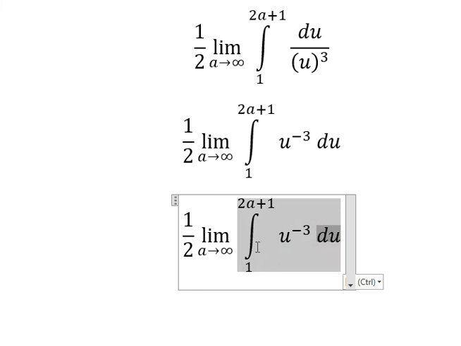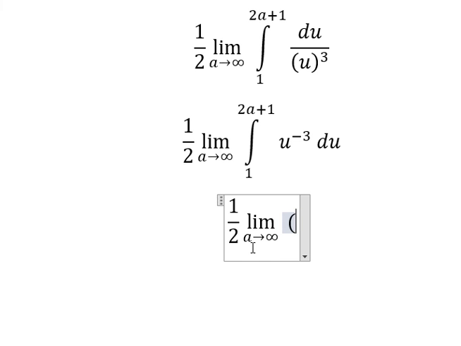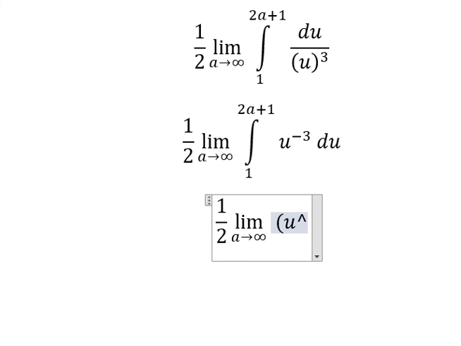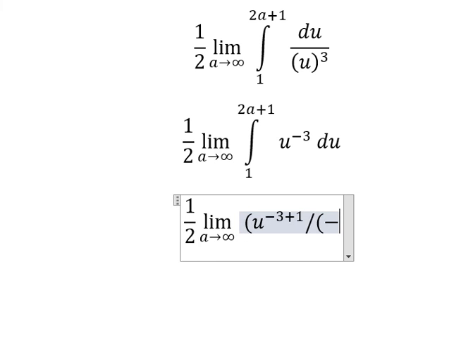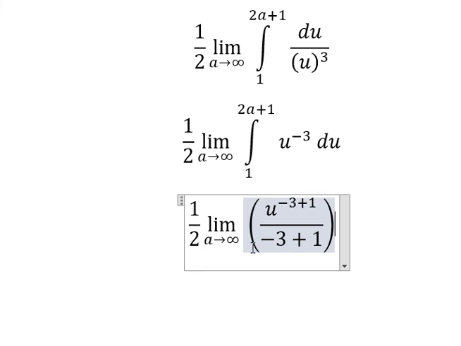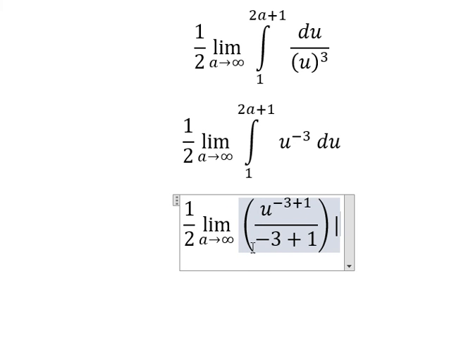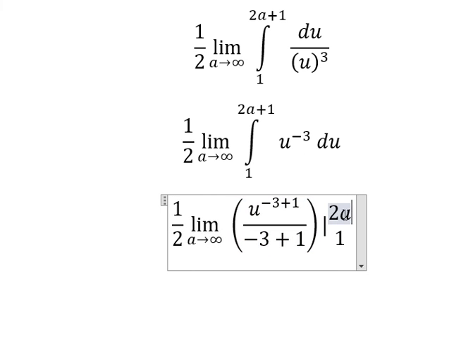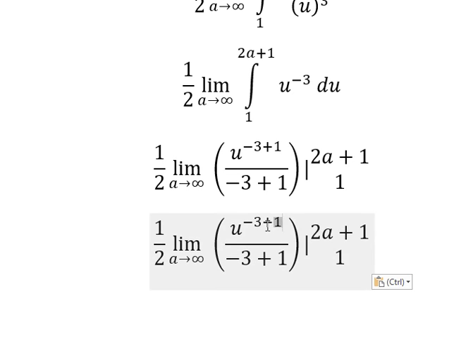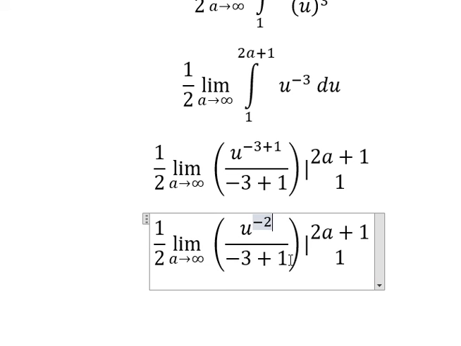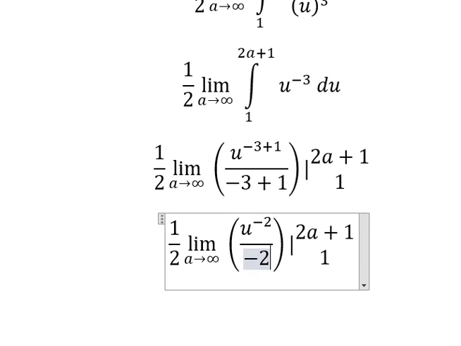The integration of this one, we have u to the power of negative 3 plus 1, over negative 3 plus 1. And we put the bounds from 1 to 2a plus 1. This one we have negative 2, negative 2.